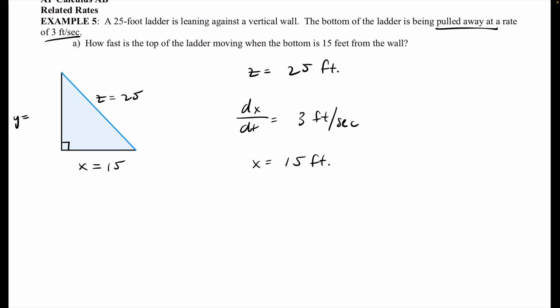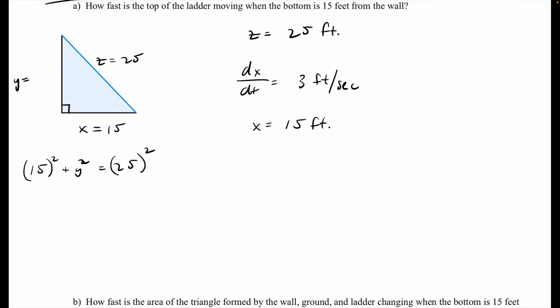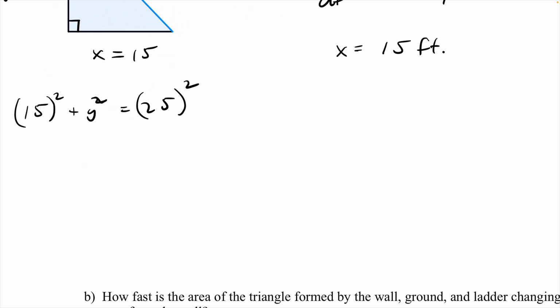So what is y? x squared plus y squared equals z squared. Fifteen times 15 is 225. 25 times 25 is 625. Subtract 225 from both sides.